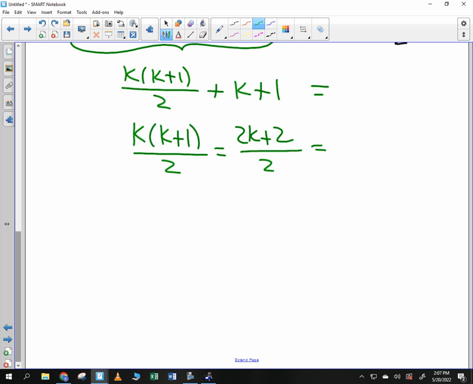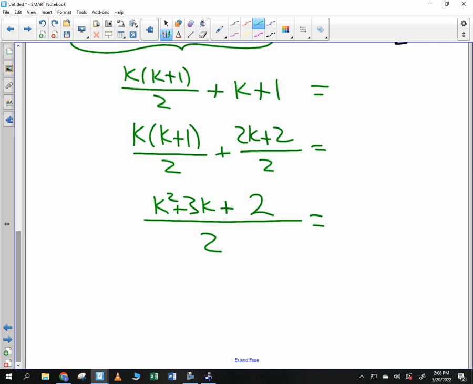We all good? This fraction is now all over 2. So let's figure out what we have on top. k times k is k squared. k times 1 and 2k will give us, whoops, sorry, I have that equal sign. No, it's supposed to be a plus. So 3k plus 2, right?